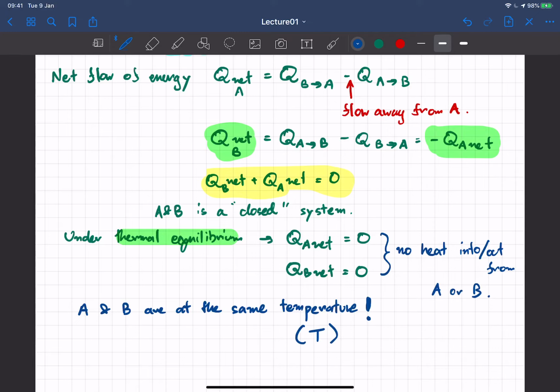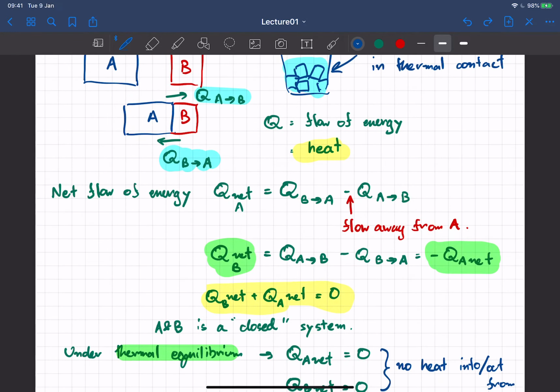Okay, so A and B being at the same temperature is exactly the same as saying that they are in thermal equilibrium. And what does being in thermal equilibrium mean? It means that if you put A and B in thermal contact like this, there's no heat flow between them. There's no net heat flow between them.